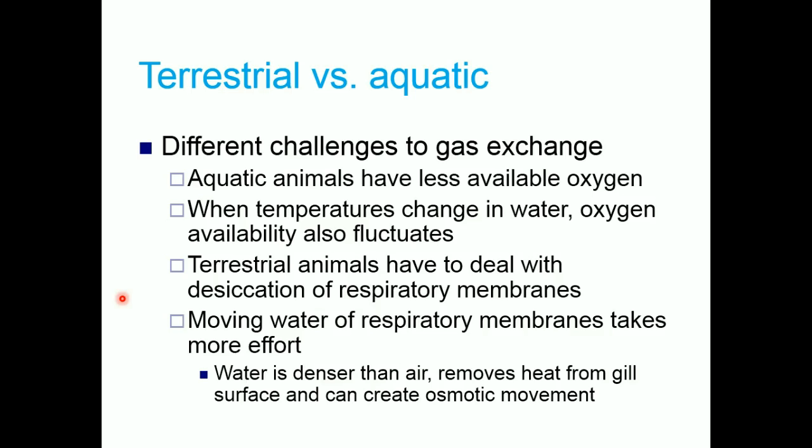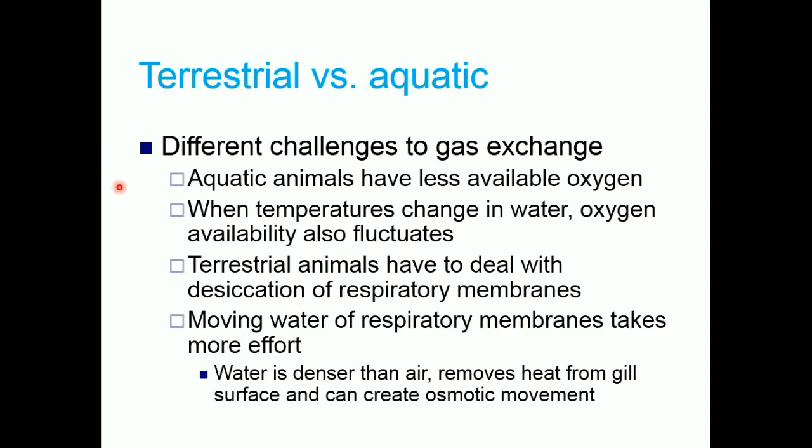Now, also before we get into the details of some of these respiratory organs, there are going to be very different selective pressures on gas exchange membranes when dealing with terrestrial versus aquatic animals. There are really different challenges to gas exchange in these two groups of animals.